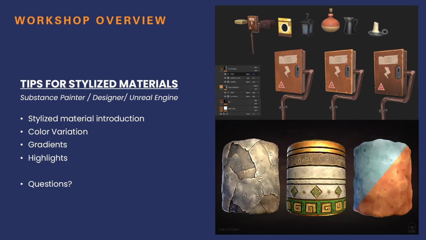And so I'm gonna take a look at each one of these topics and look at how I can implement it into each one of these softwares, and how I can think of color variation with Substance Painter, Substance Designer, and in Unreal Engine. The same for gradients and highlights. And yeah, so it's gonna be a lot of tips and tricks on these elements.